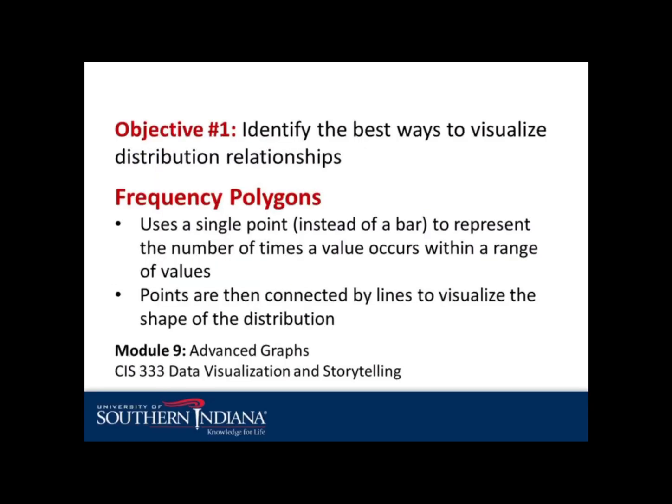The other way to visualize a distribution relationship is the use of a frequency polygon. What that is, it uses a point instead of a bar to represent the number of times a value occurs within a range of values. The points are then connected by lines to visualize the shape of the distribution.